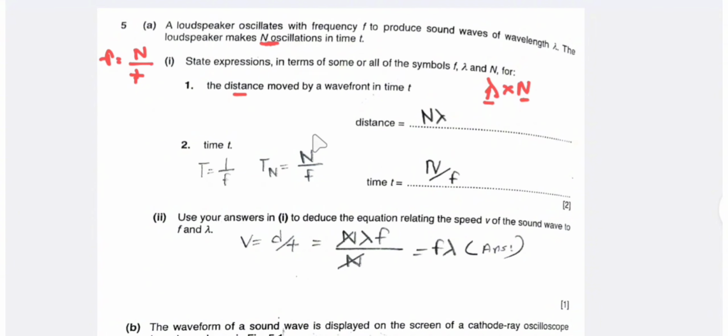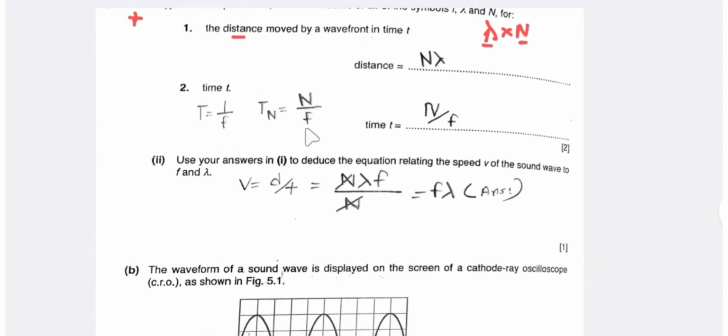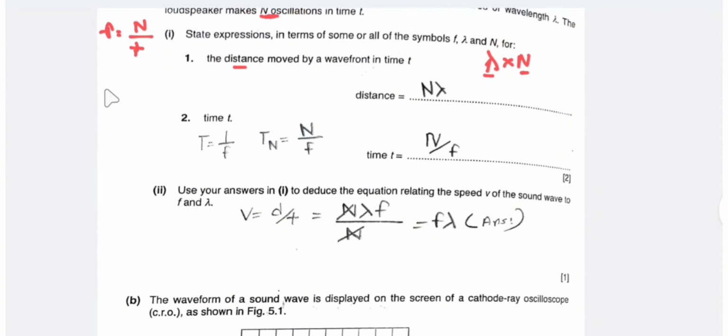Now the time t. We know that frequency is equal to the number of oscillations divided by time, so time is equal to n by f. Also, frequency is 1 by time period. The time period is the time for one wave, but there are n waves, so the time t is the time for many waves.